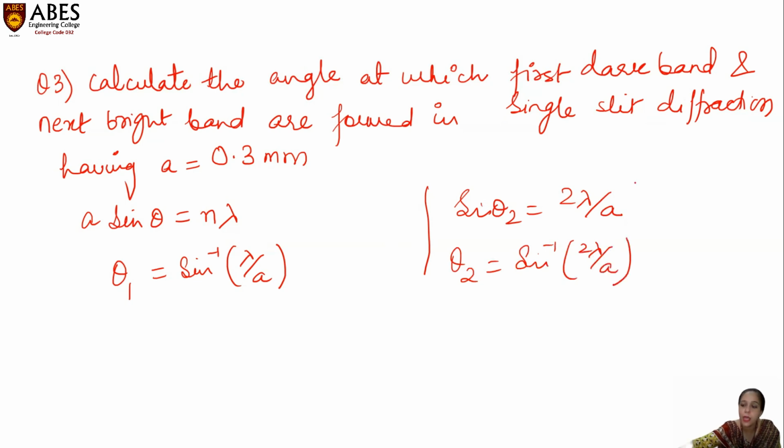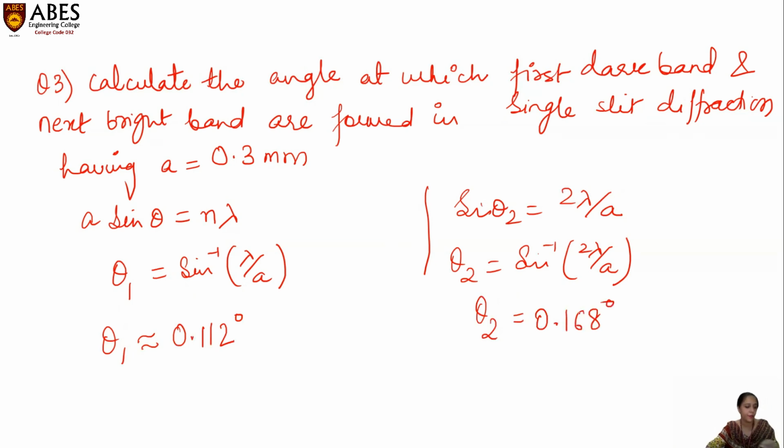When we calculate it, θ1 will come out to be 0.112 degree and θ2 will come out to be 0.168 degree. So it's very simple.